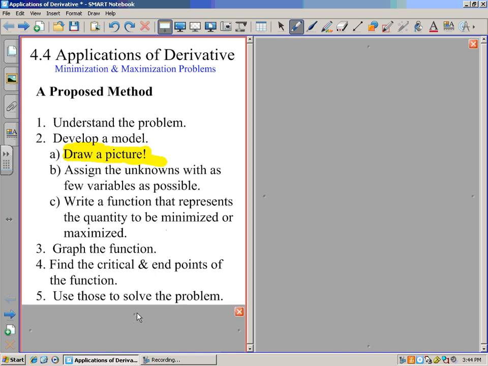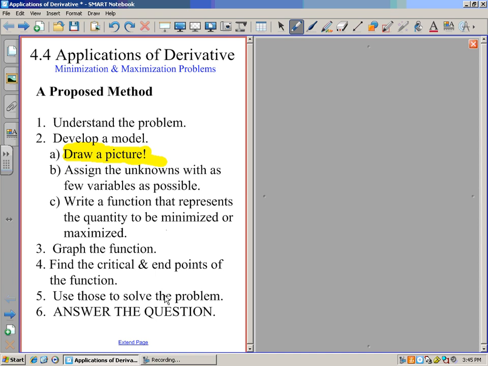You're going to use the critical and endpoints to solve the problem. And I bolded answer the question because a lot of times you're so into the problem, you forget about what the question is asking you. So in the end, you want to revisit the question and answer it, giving not too much nor too little information to answer that question.